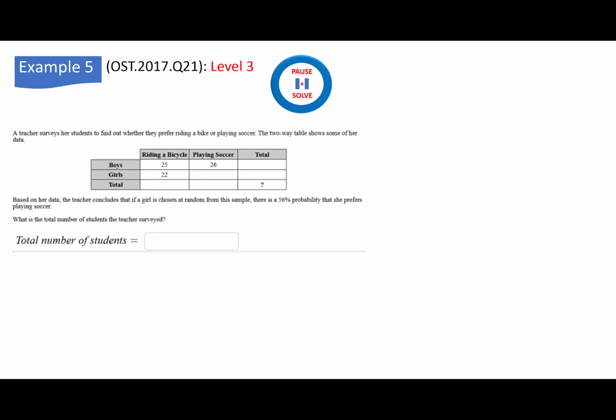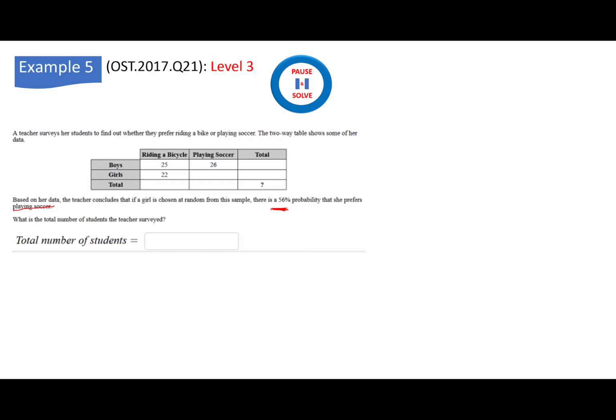Based on her data, the teacher concludes that if a girl is chosen at random from this sample, there is a 56% probability that she prefers playing soccer. What is the total number of students the teacher surveyed?